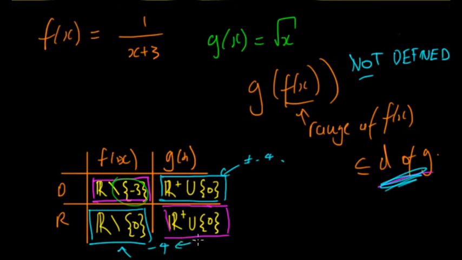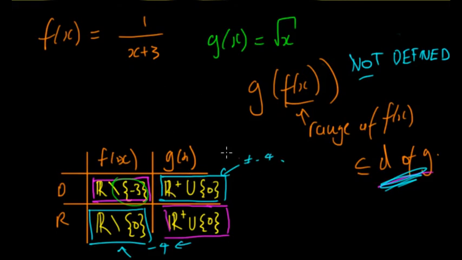It's fine that it doesn't include 0, but if we can find values here that are included that aren't included there, then that means it's not a subset. So it's important to look at which one we're looking at. We have to look at the domain, and then look at the range. We have to make sure that all the range values are encompassed in this domain.